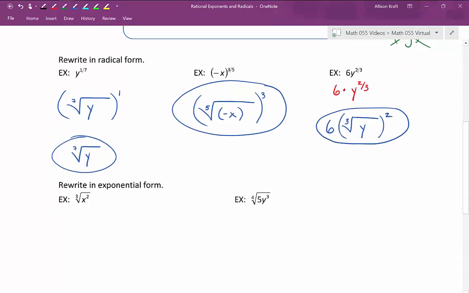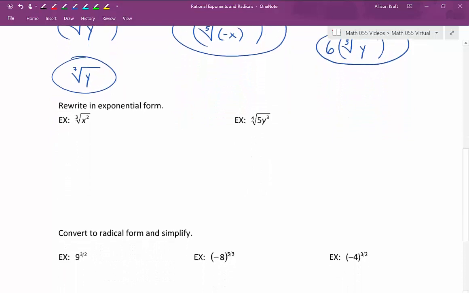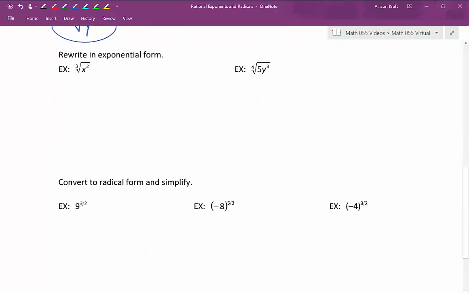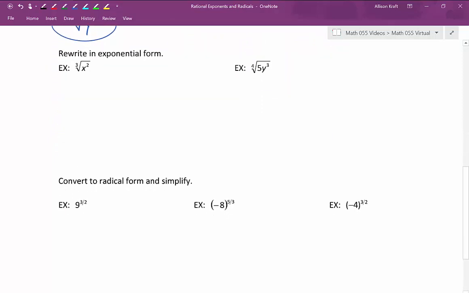Now let's go the other direction. I've given you a radical, and I want you to rewrite it using a rational exponent. First thing we want to do is identify what the base is going to be. Well, the base is the same as our radicand, which is x squared.